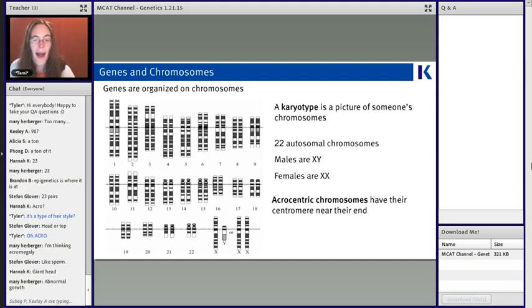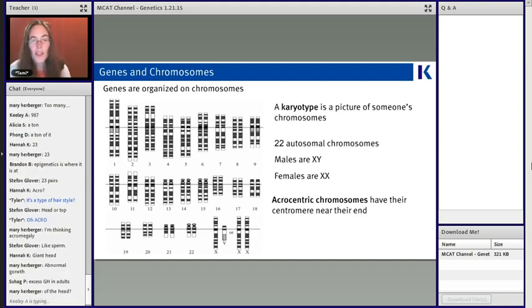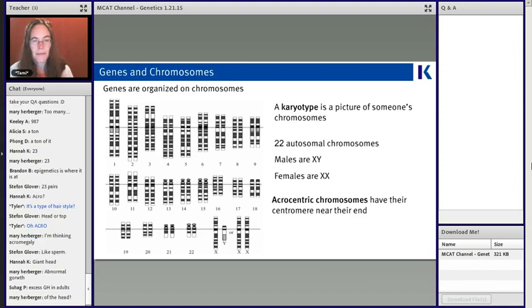Okay, so abnormal growth has to do with the size of the head. So acrocentric chromosomes have something to do with the size of the head. Notice what that means is the centromere is much, much closer to the head, so the P arm is very small.